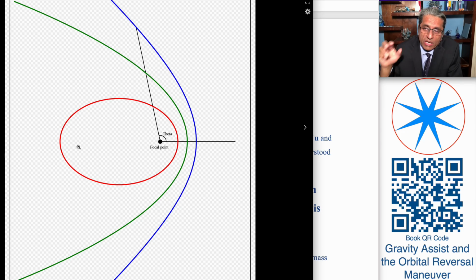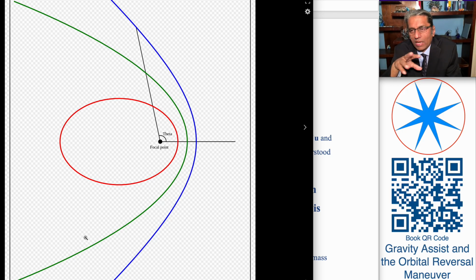If it is captured by the celestial body, then it will have an elliptical orbit, which is this red orbit that you see. Somewhere between being captured and not captured is this green orbit, which is a parabola. This is the boundary of being captured.